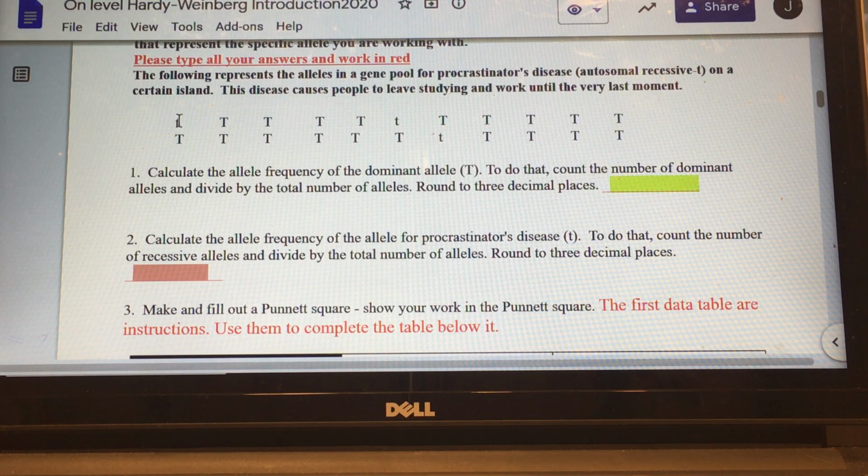Counting, we have 2, 4, 6, 8, 10, 12, 14, 16, 18, 20, 22 total alleles. Then you count how many of them are big T's, because that's our dominant allele, and divide by 22. That is our dominant allele frequency. To get the recessive allele frequency for number 2, we just count the number of recessive alleles and divide by the total number of alleles, which is also 22.